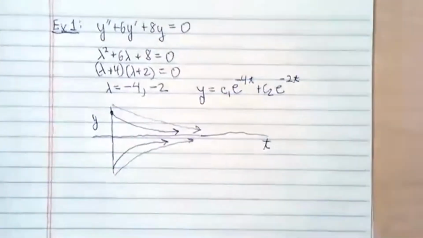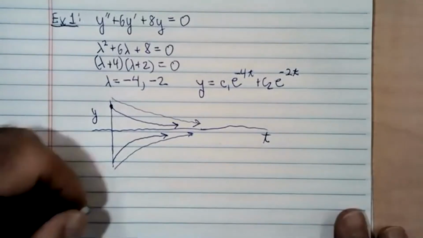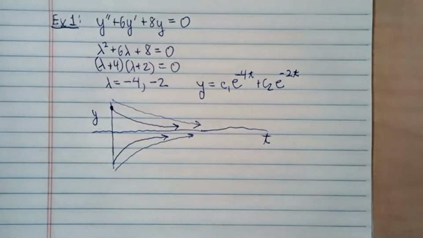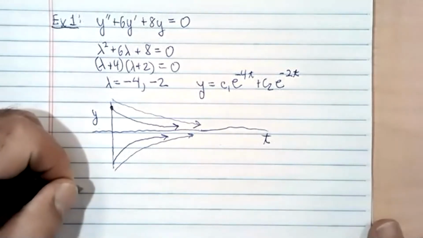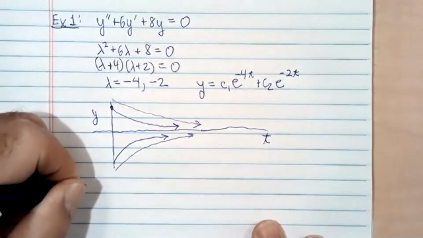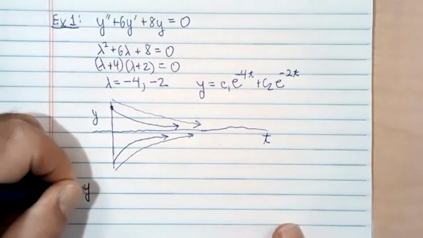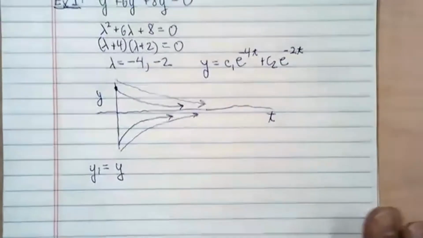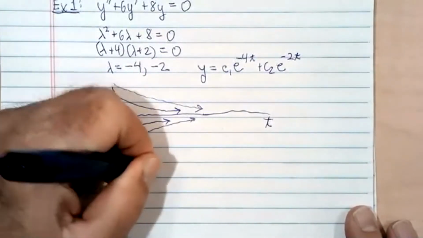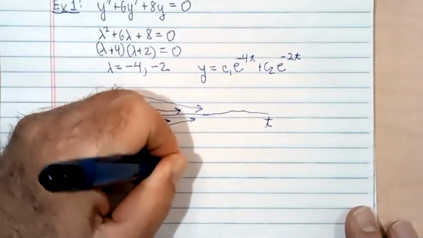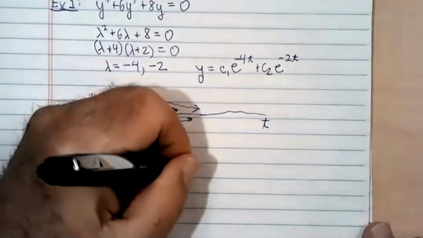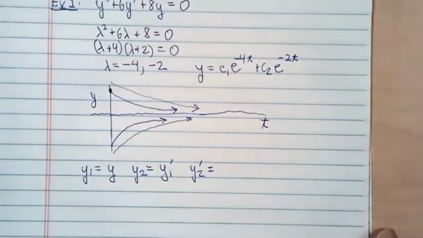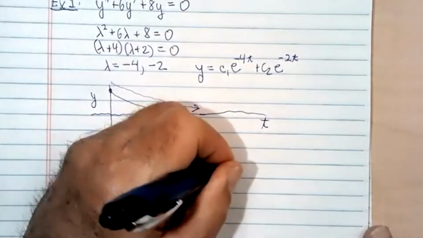All right, now let's go ahead and translate this thing to a system of linear equations, and we'll solve it according to the methods that we introduced last time. Okay, well, we are going to say that y1 equals just plain old y. y2 equals y1 prime, and y2 prime equals, well, it's y1 double prime.